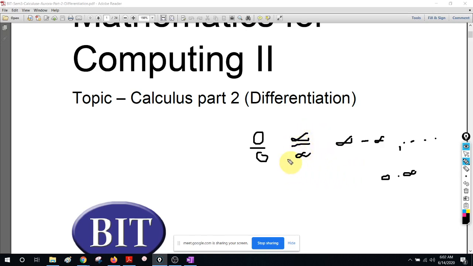When you get infinity divided by infinity, sometimes the actual result is infinity, sometimes 0, sometimes 1 or maybe 5 by 2. So you can't say exactly what the value is; it depends on the function you are working on. That is what limits is all about.